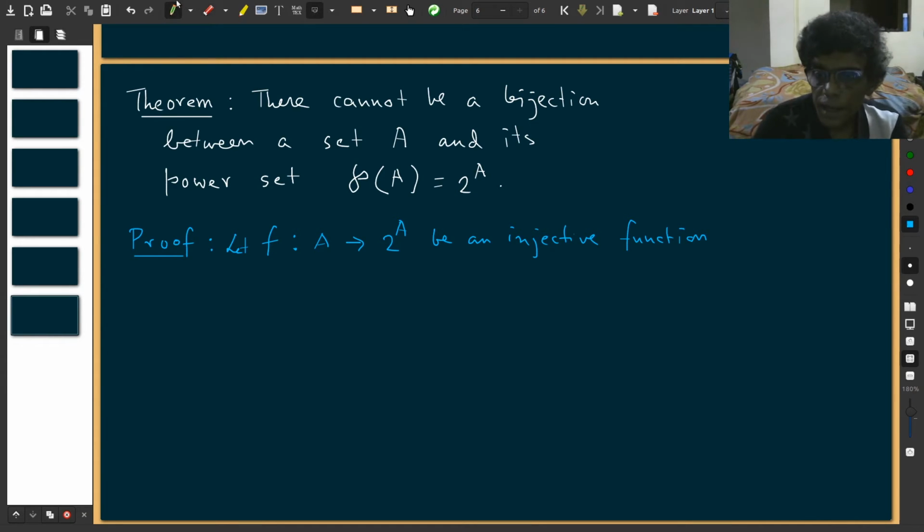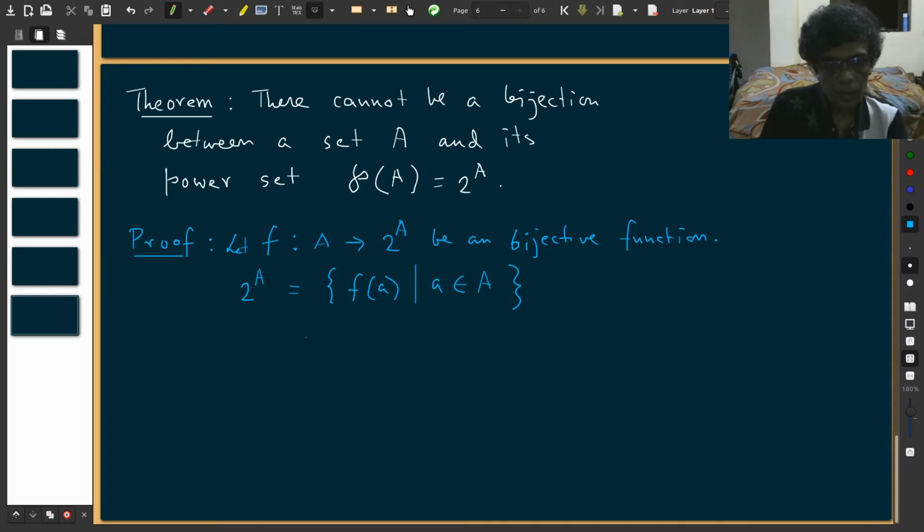I will proceed by contradiction. So, let it be a bijective function. That's better. A bijective function. Okay. So, that means 2 power A, the power set of A, is nothing but f of a, small a belonging to the set capital A.